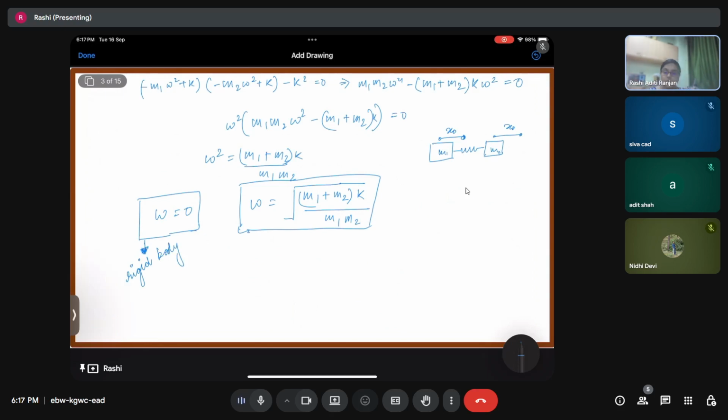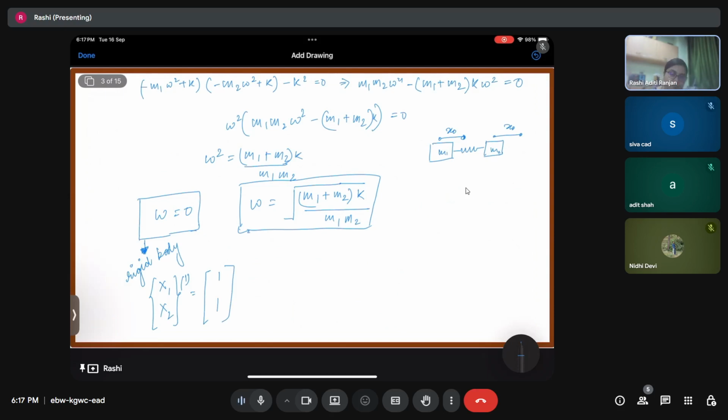And when you find the eigenvector along this modal frequency, you are going to get x1, x2 at the first mode as 1, 1. Which means if both of them are given the same amount of displacement, it is going to behave like a rigid body, which means that omega is going to be equal to 0. So this basically shows a rigid body motion.